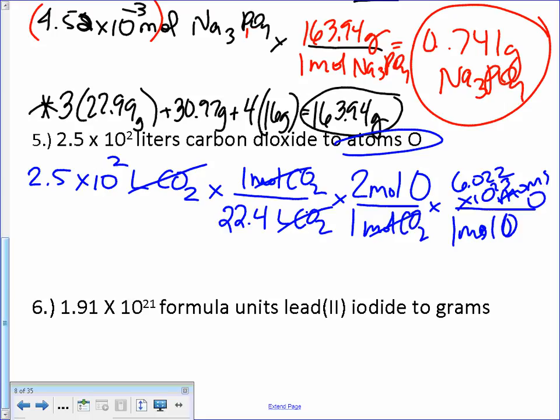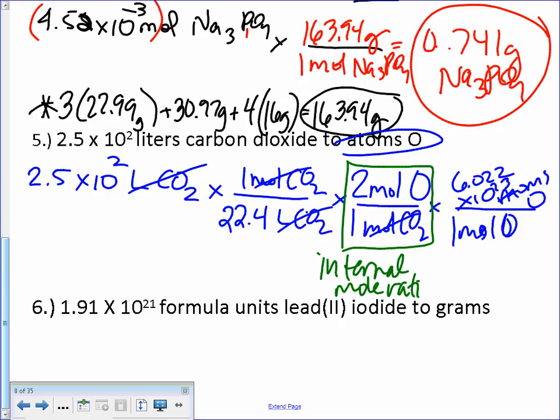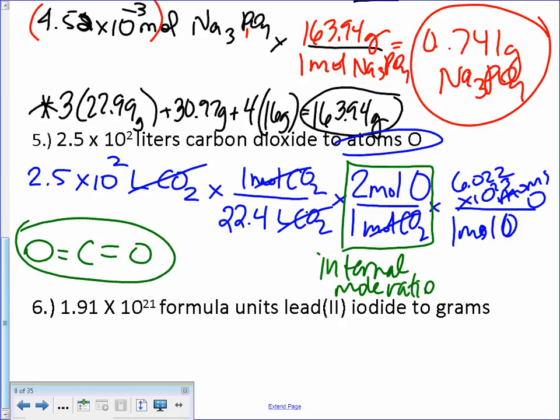Calculate that. Why do you have the two moles of oxygen? That's the internal ratio argument again. So this step right here is the internal mole ratio, because in 1 mole of CO2, which looks like that, this is actually 1 molecule of CO2. 1 molecule of CO2 contains 2 atoms of oxygen.